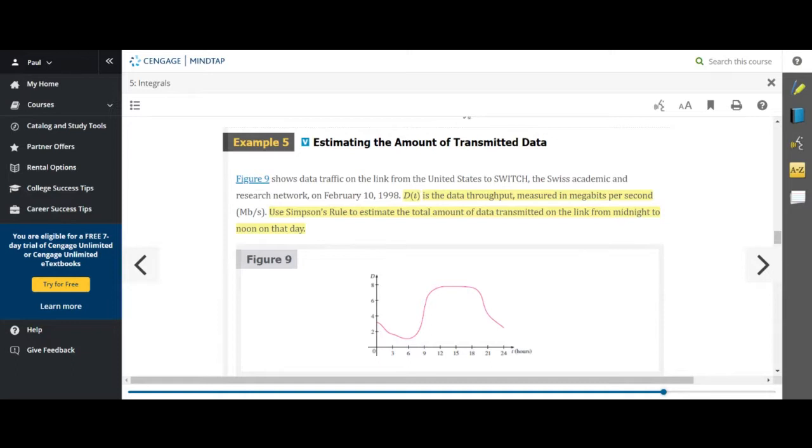Being that the function d of t that's drawn here represents a rate of megabits per second, to go from a rate of megabits per second to get to megabits, what do we have to do to the function d? What do we have to do?